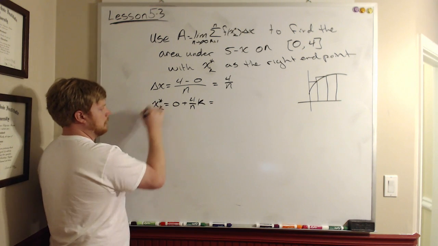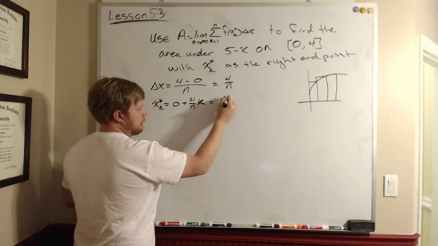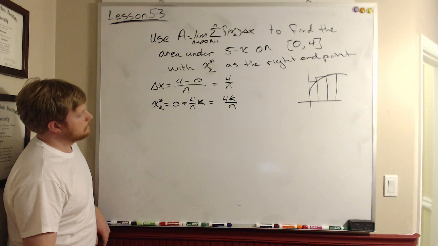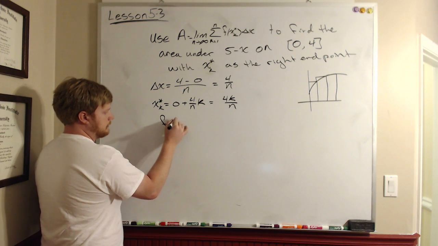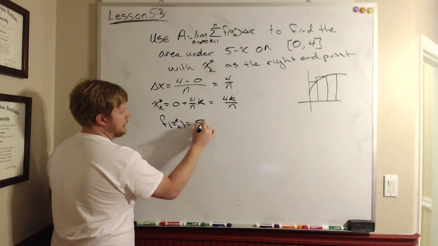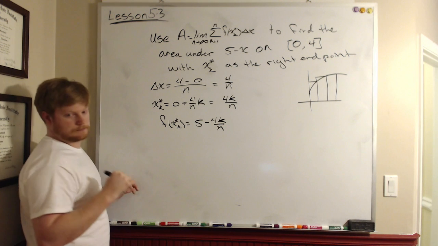So x star k is 4k over n. And f of x star k is 5 minus 4k over n.